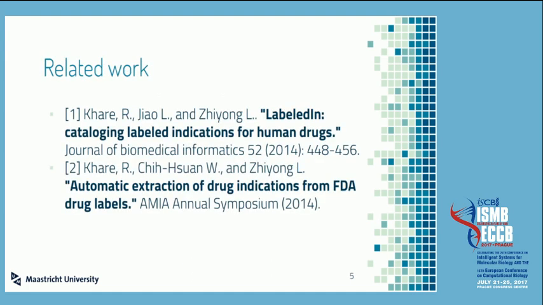And yeah, there's some related work that we're aware of for curating drug indications. These are the most relevant, I think, for our approach. LabeledIn is an effort to curate a new gold standard drug resource, specifying drug-disease relationships.